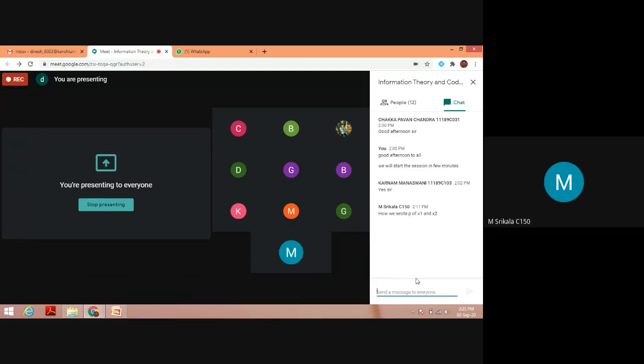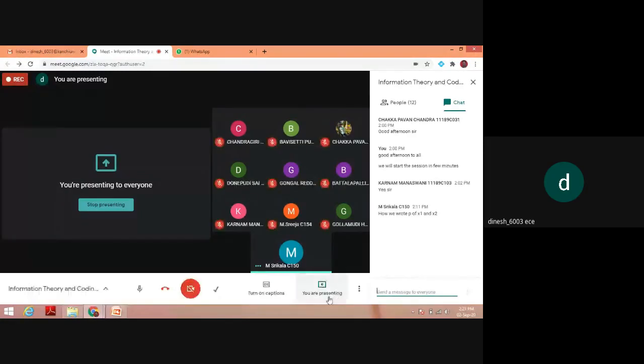Shall we take the second row also, sir? If only the first row we want to take, sir. For which one, X1 or X2? X2, sir. In four numbers, any number we can take, sir.